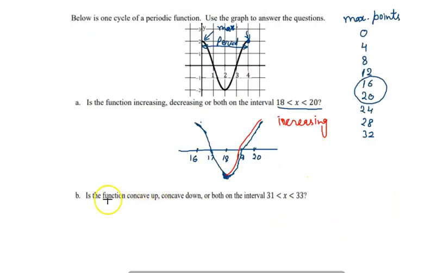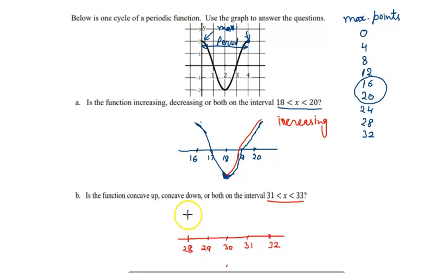For the next part, we need to check whether this function is concave up or down on this interval from 31 to 33. And we already know that this graph will have maximum points at 28 and 32. So we can draw the cycle from 28 to 32 in the same way as we did earlier.